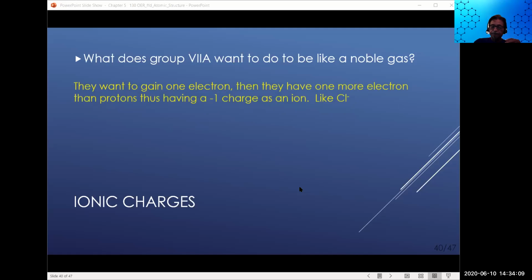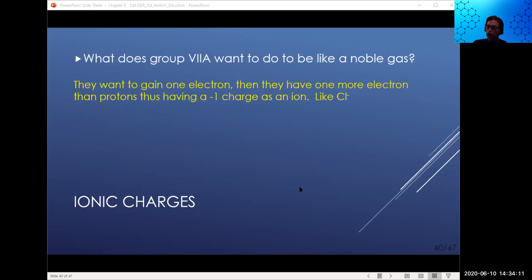Group 7 is closer to the noble gases on the periodic table. From an energy perspective, it's much easier to gain electrons than to lose those 7. So the elements in group 7 are going to pick up 1 electron, giving them a net negative charge.